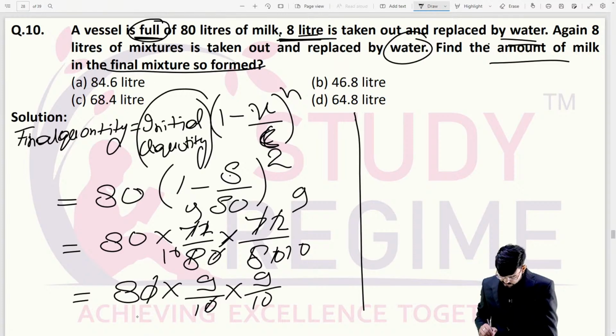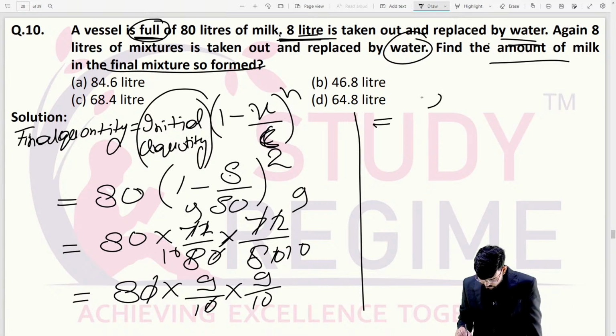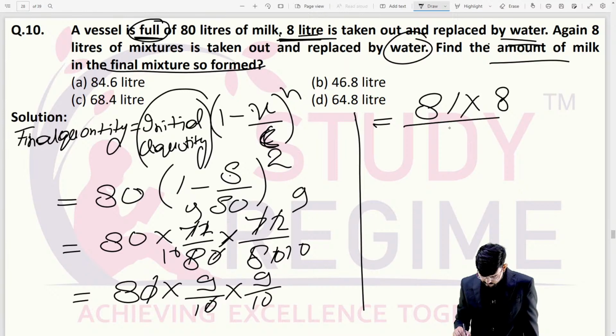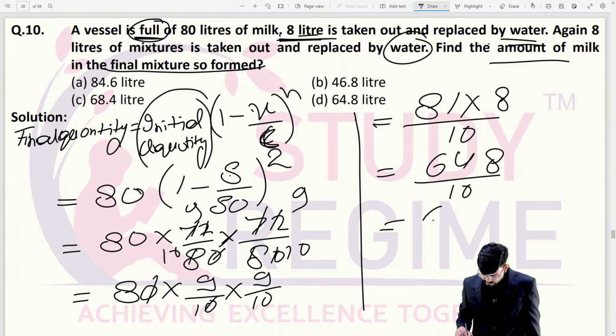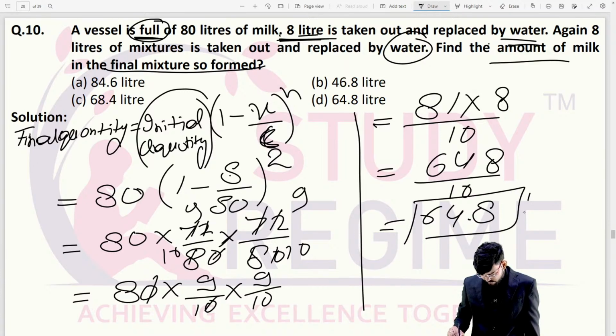This 0 and this 0 get cancelled out. So further you will get 81 into 8 divided by 10. 81 into 8 is 648, divided by 10, you will get 64.8 liters.